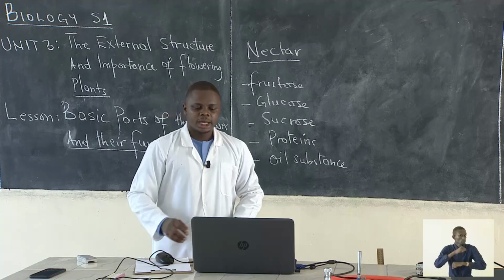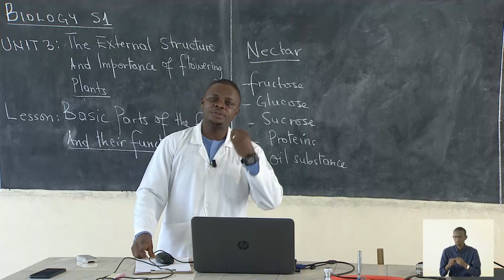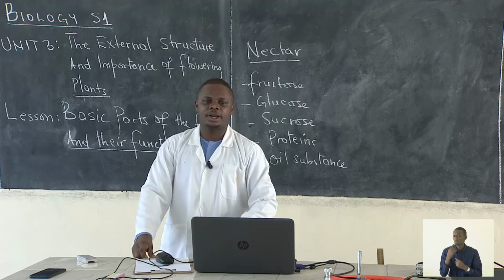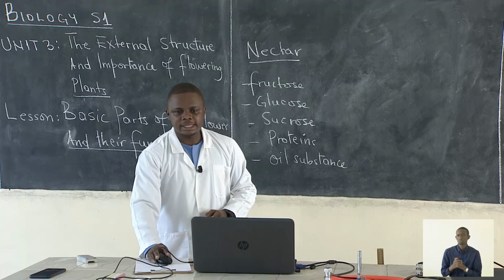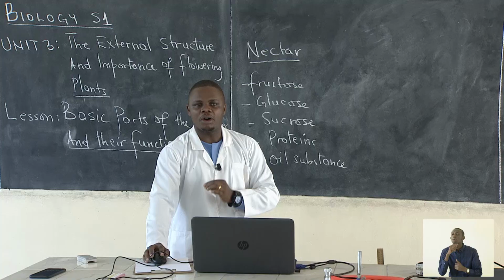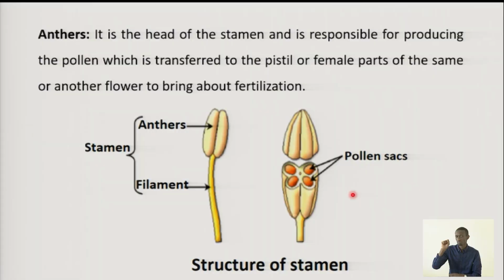Students, we have talked about different parts of the flower, and we have seen their functions. Now, this is the structure of the stamen. Stamen, remember we said, is the male part of the flower. This stamen has pollen sacs.